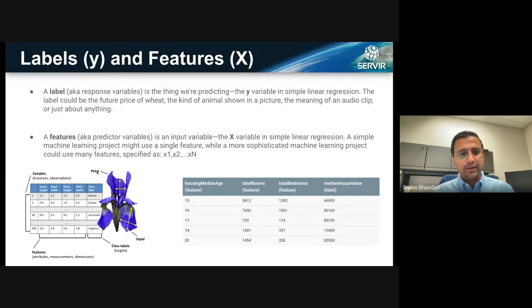And here on the left side, this is a screenshot from an iris flower dataset. The features in this case are the length and width of the sepal or the petal. And based on those features, you're trying to find what kind of flower it is.